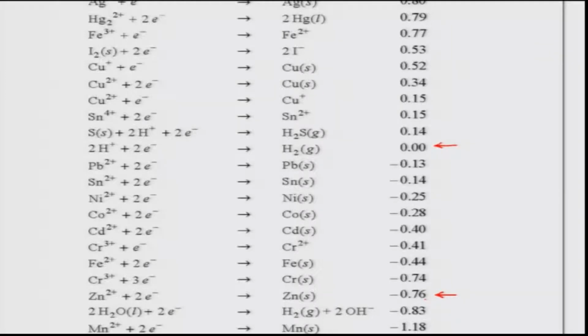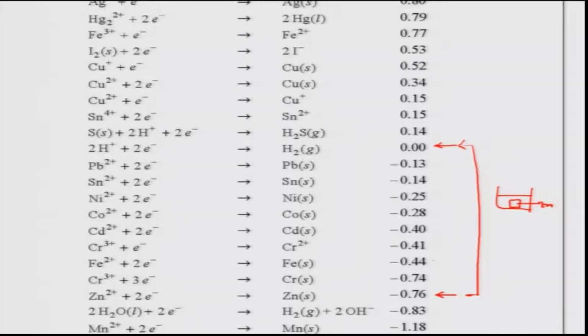The zinc reduction potential is negative, whereas the hydrogen reduction potential is 0. So, that is why in an acid medium, if you have a zinc plate, you have immediate hydrogen evolution, because the hydrogen ion would get immediately reduced and zinc would dissolve quickly.